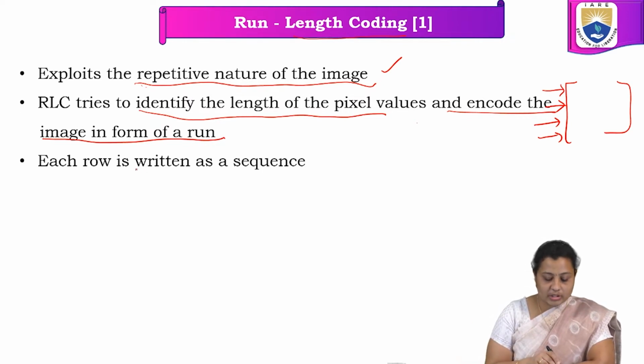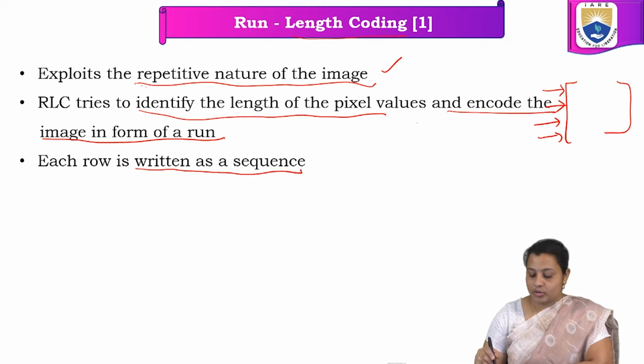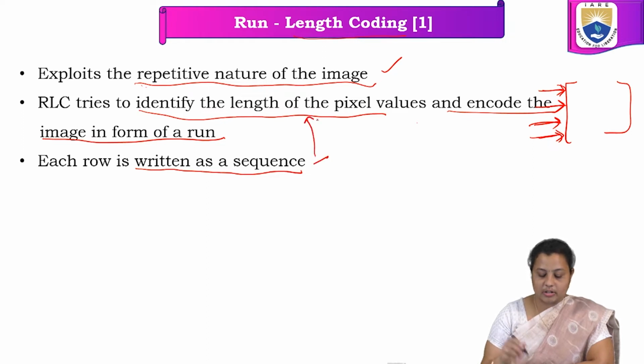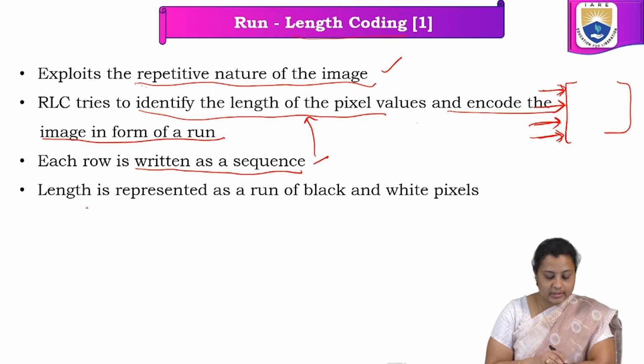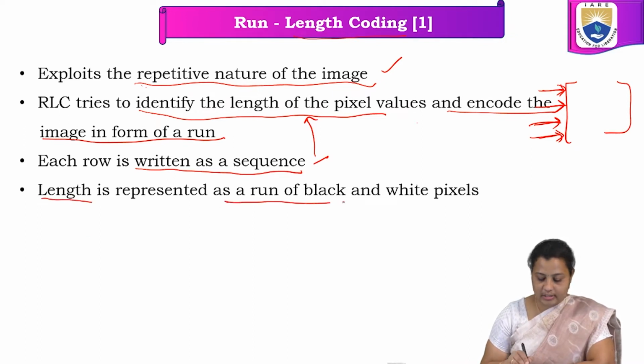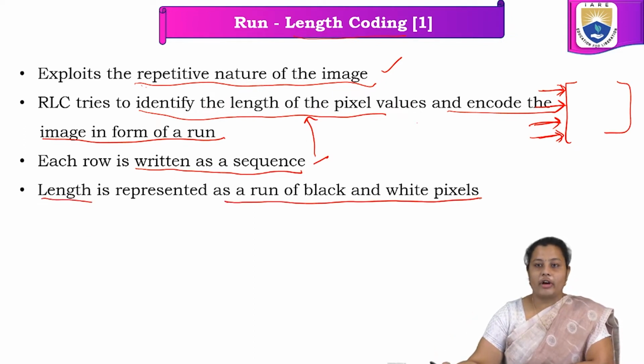Each row is written as a sequence. When we are trying to compress, we access our image row-wise, so that each row is written as a sequence based on the length of the pixel values. Now, what is the length? Length is represented as the run of black and white pixels.